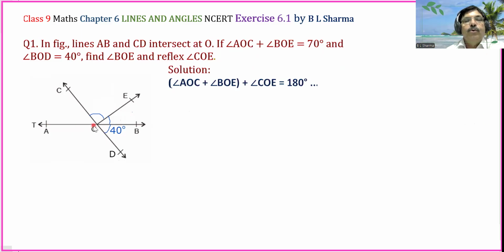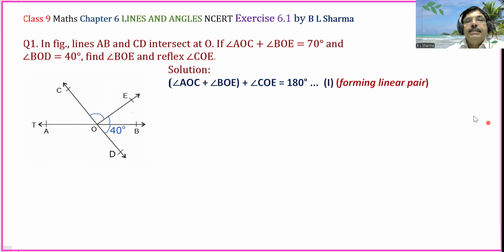Angle AOC plus BOE, the ray OA stands on the line, or you can say forming a straight line. This angle plus this angle plus this angle, their sum will be 180 degrees. You can write the reason: forming a linear pair or forming a straight line.